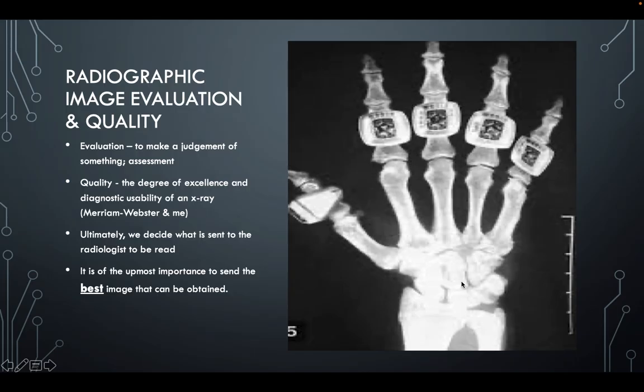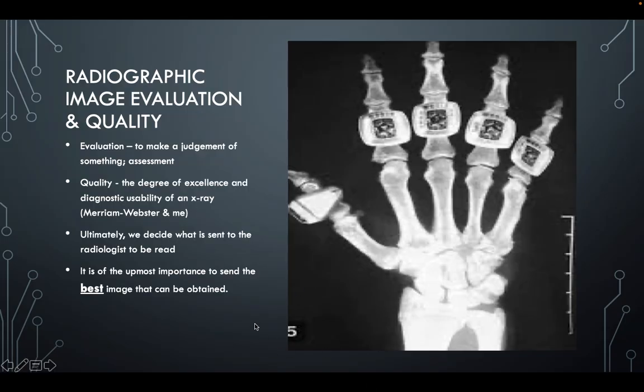So ultimately, we evaluate our images for quality and decide whether to send them through. And so we are the ones deciding the quality that a patient is going to receive.